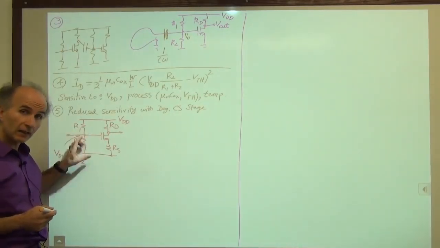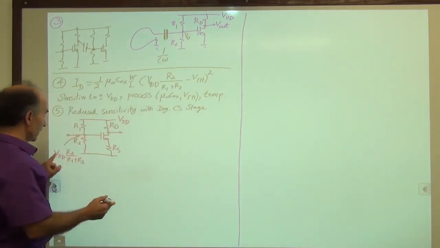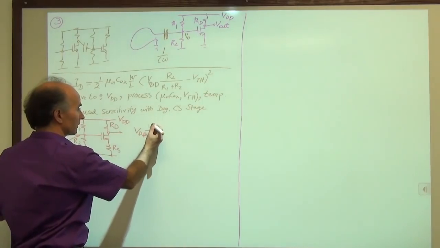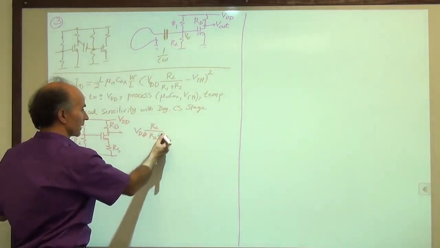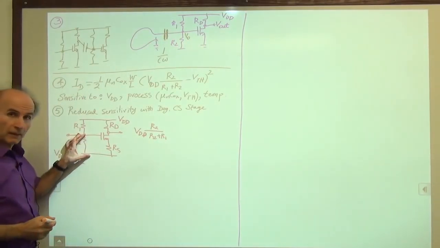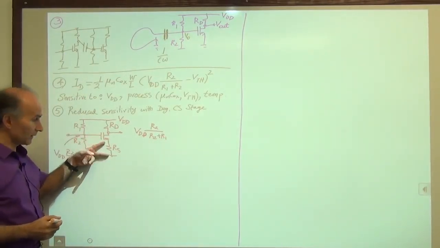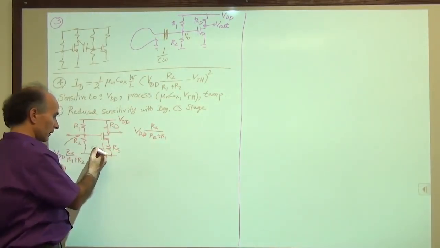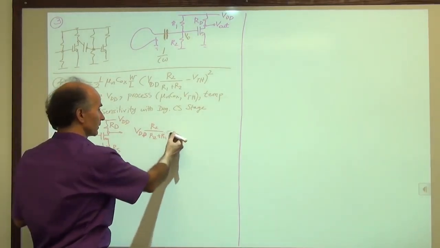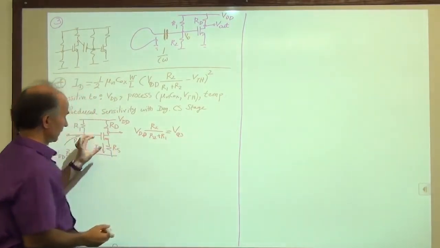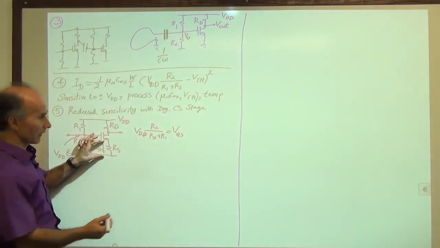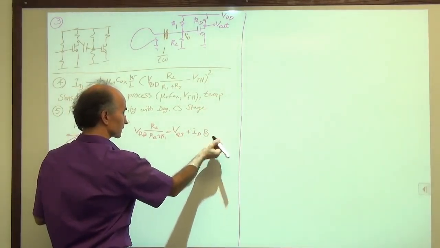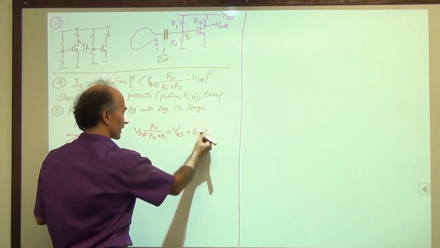Now we can write a KVL around this loop: VDD times R2 over R2 plus R1 is equal to VGS plus the voltage across RS, and since ID flows through RS, this is VGS plus ID times RS. So that's one equation.